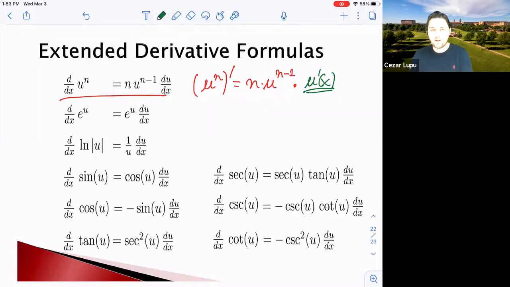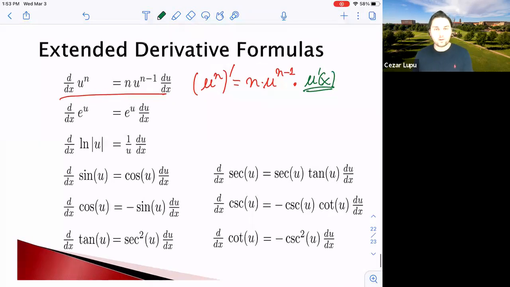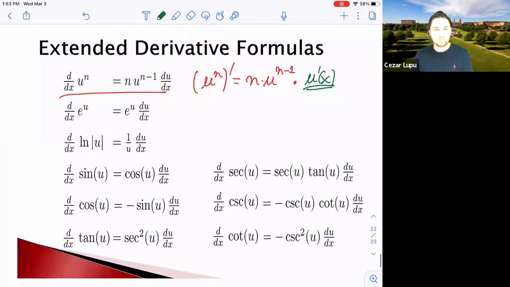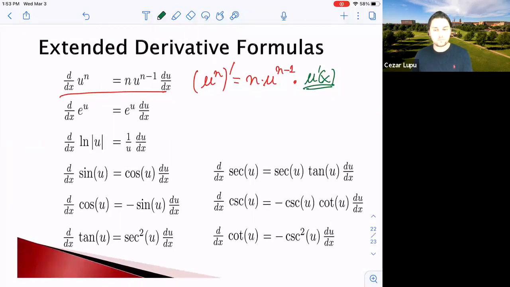So for any elementary function, do not forget that using the chain rule, I'll have this extra u prime of x, the derivative of the function inside, whatever it is there, sine, cosine, ln, and so on. So I would like you to look at this for a bit, and you will see that you will always identify this u prime everywhere.